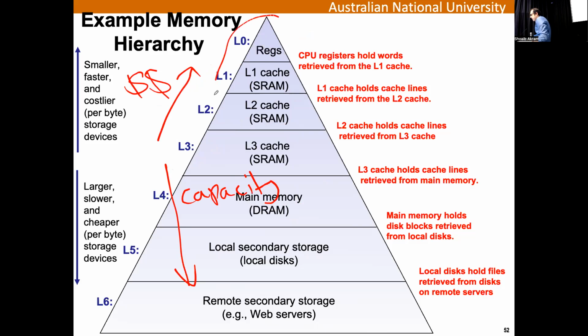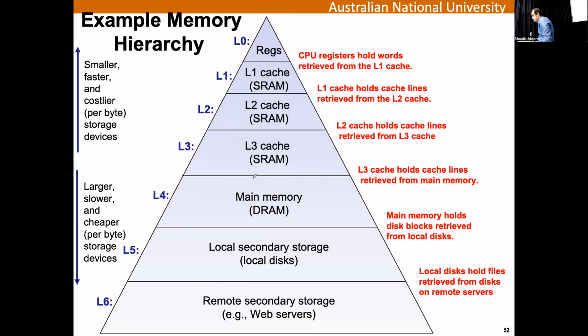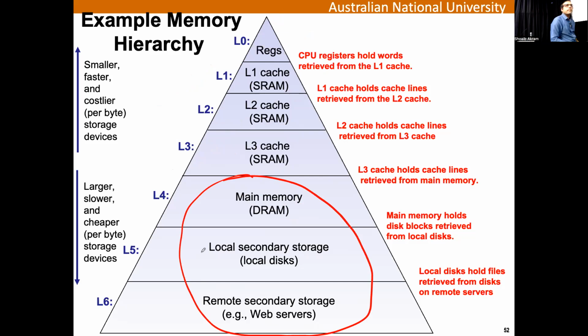Everything here is very costly, so you can't have lots of it. Everything here is cheap. The further down you go, the cheaper you get, so you can have lots of capacity at the bottom, but it's very, very slow. So now we are trying to bridge the gap.